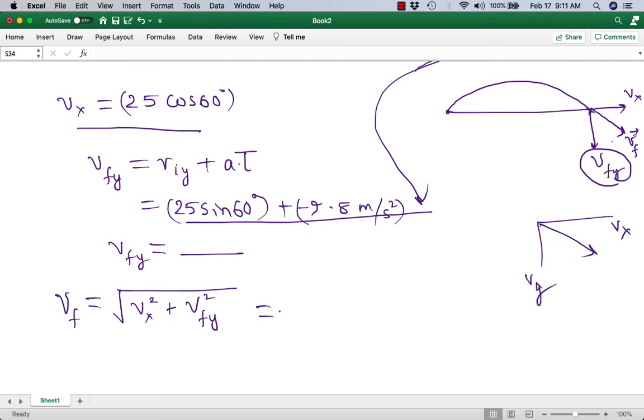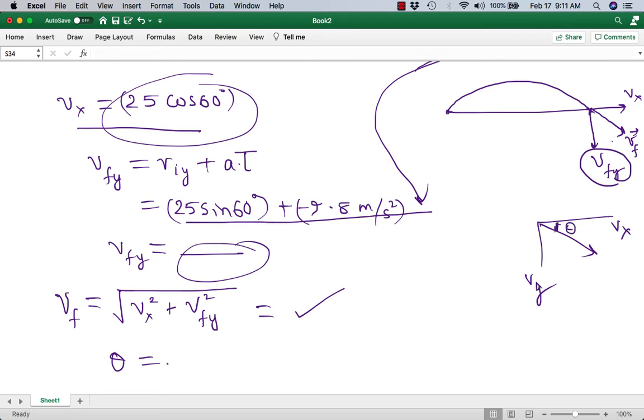Okay, so you do the math, use this value and this value. And we also need to find the angle. So what's the angle of this resultant vector? That's given by tan inverse of the y component, v_fy, over the x component v_x, and that gives us the angle. Okay, so let's see another part.